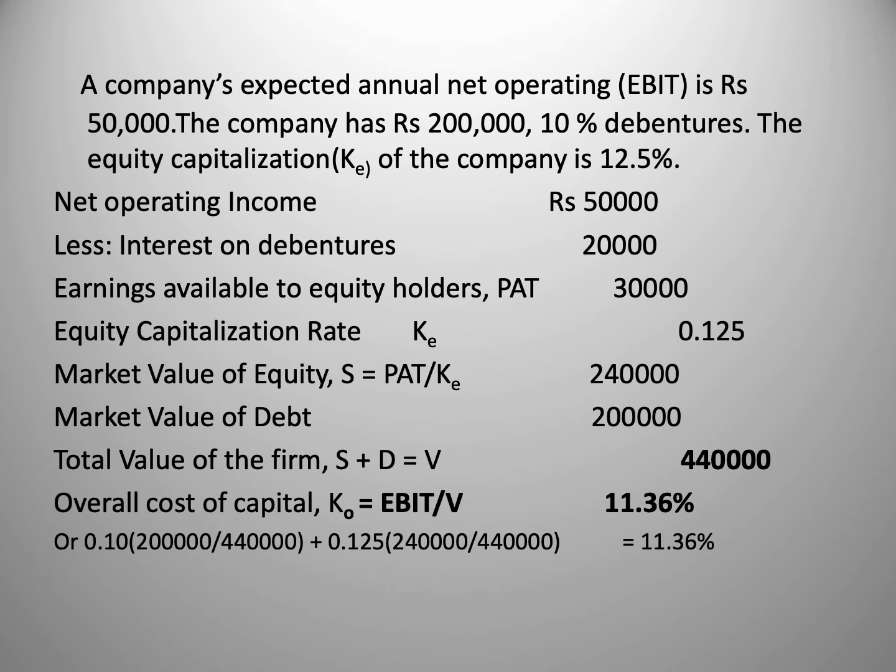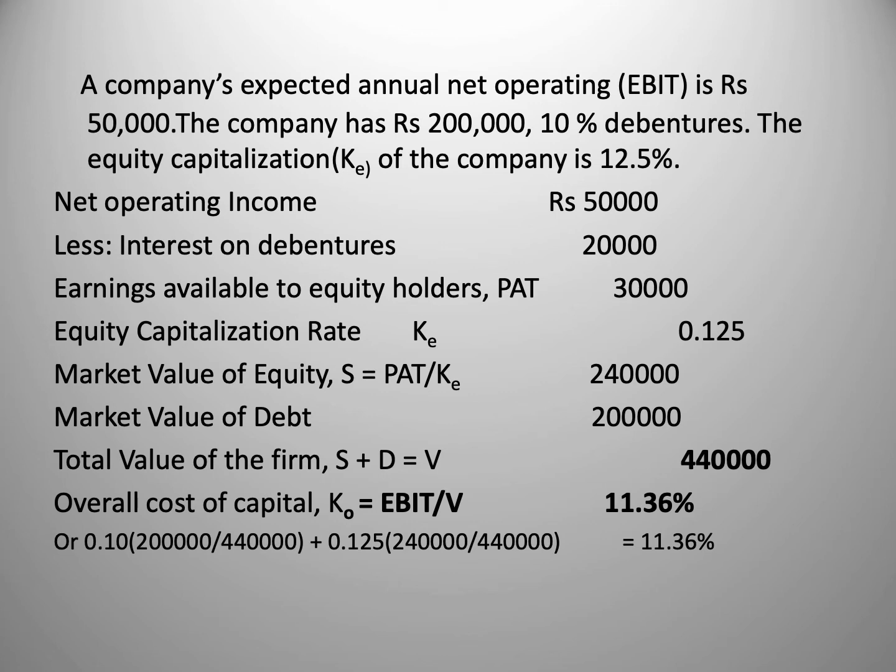So the market value of equity, as we know the formula, is the earnings available to equity divided by KE. KE is the equity capitalization rate, so it comes to 2,40,000, and the market value of debt, as we see in the statement, is rupees 2 lakh. So if we want to know the total value of the firm, that is the addition of the market value of equity and debt, it will be 4,40,000, that is 2,40,000 plus rupees 2 lakh, right?